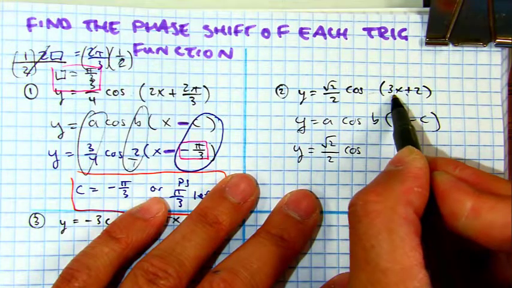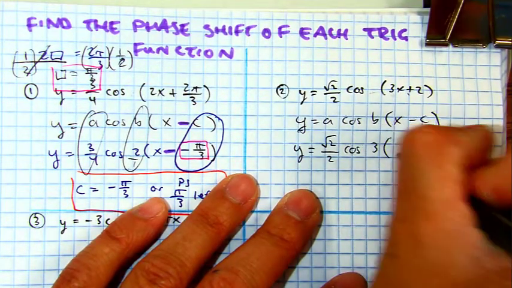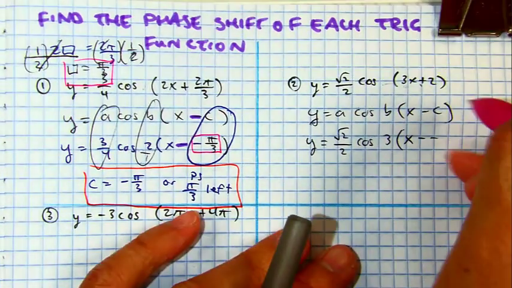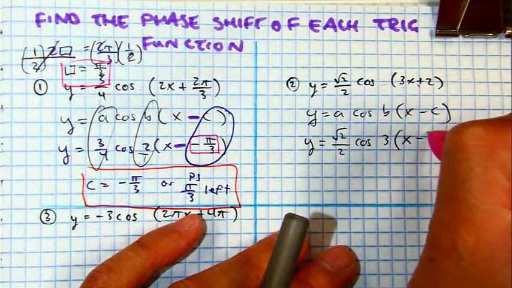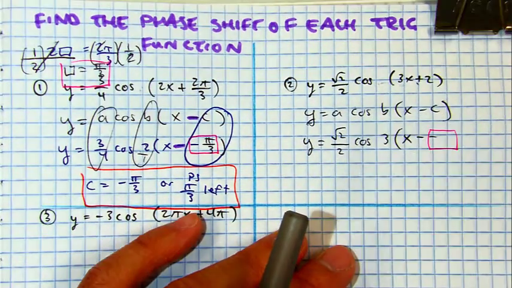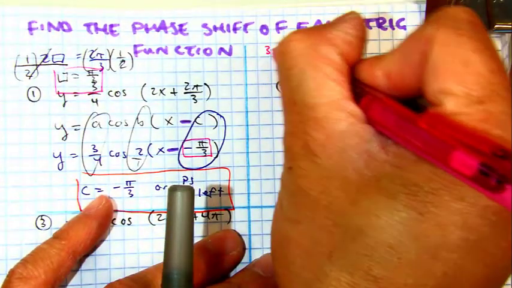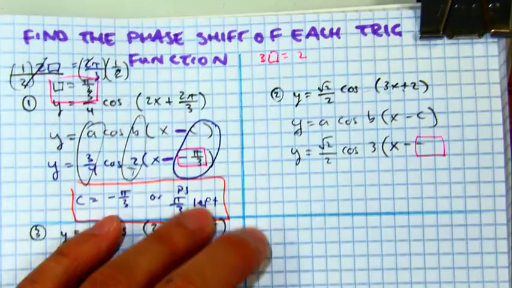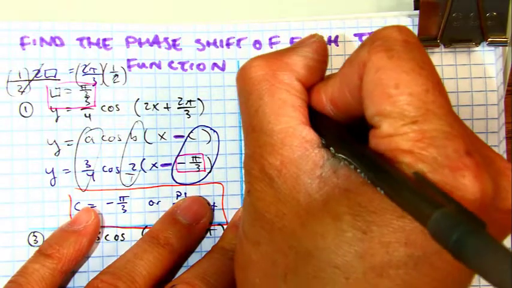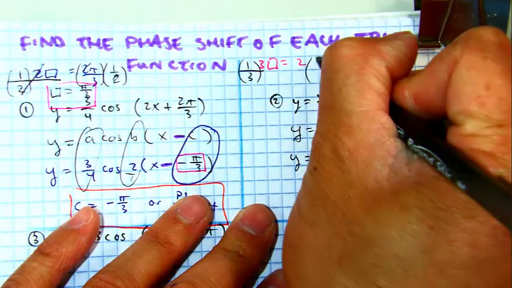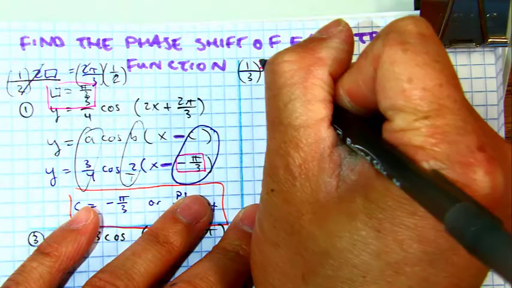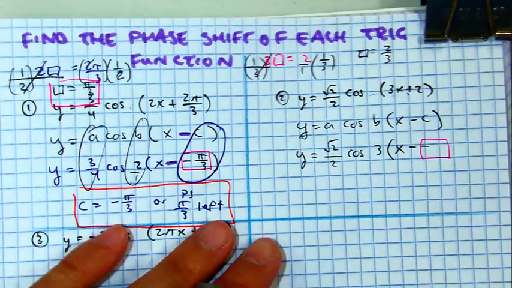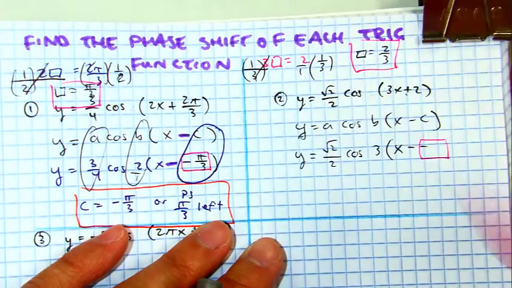Whatever's in front of the x. Three times the box equals 2. Class, the box is equal to what? Box is equal to what? 2/3. So I'm going to put 2/3 here.